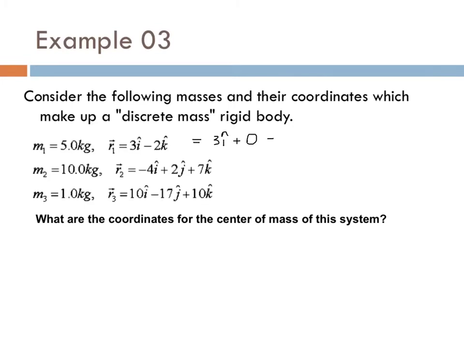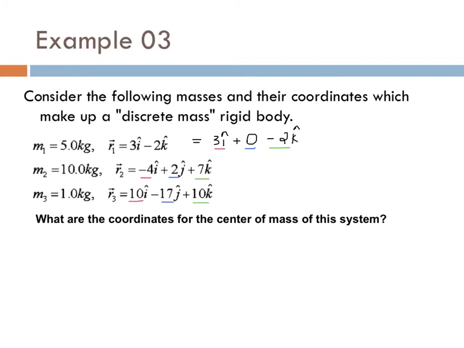And if it makes you feel more comfortable, so you can line these up and visualize what we're looking at, then you can rewrite it with a 0 in the middle so that you can see all of these are in the x direction, all of these are in the y direction, and then all of the last numbers are in the z direction.